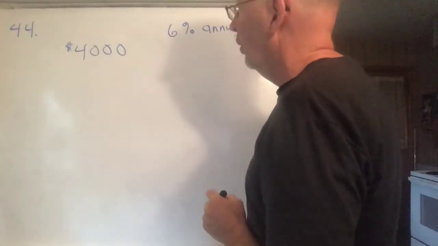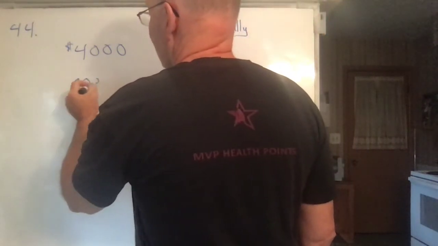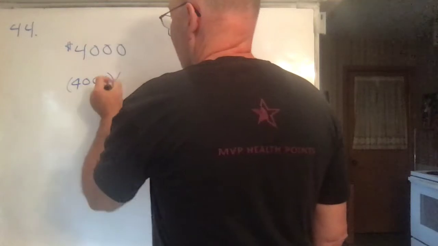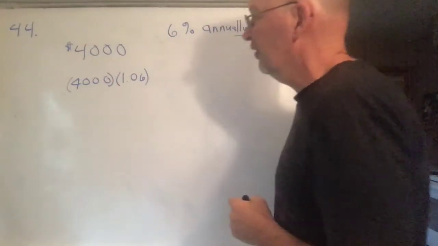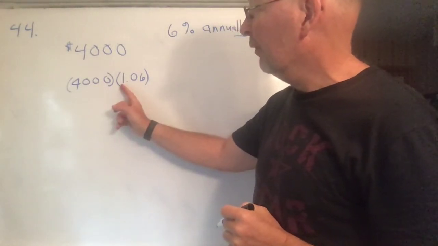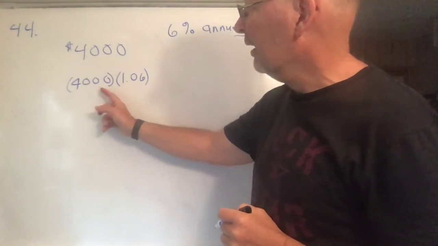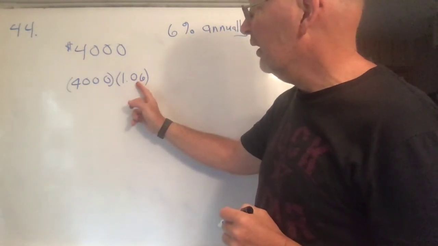Okay, so pretty straightforward. At the end of 1 year, you take this $4,000, and to find out how much is in the bank after 1 year, you multiply that by 1.06. The multiplying 4,000 by 1 gives you the 4,000 back. That's still in the bank. And then multiplying it by the 0.06 gives you the interest.